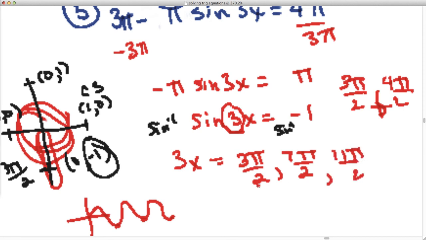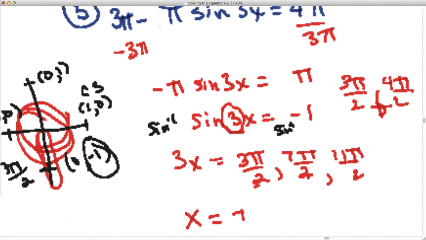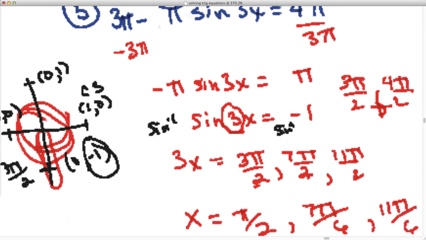So this was the first revolution. Here's the second revolution, and then the third revolution. So we're done there. And then divide both sides by 3. And there's your answer there, okay?